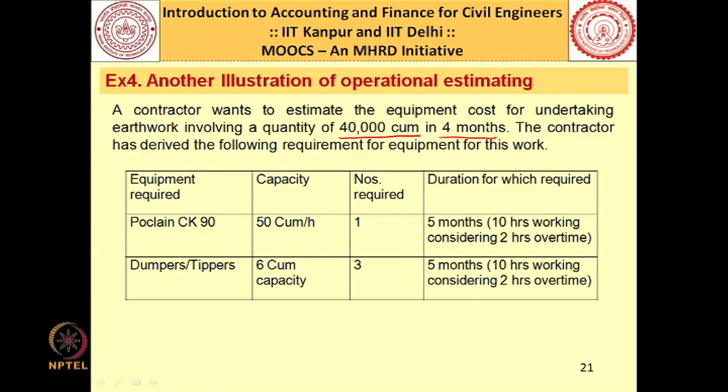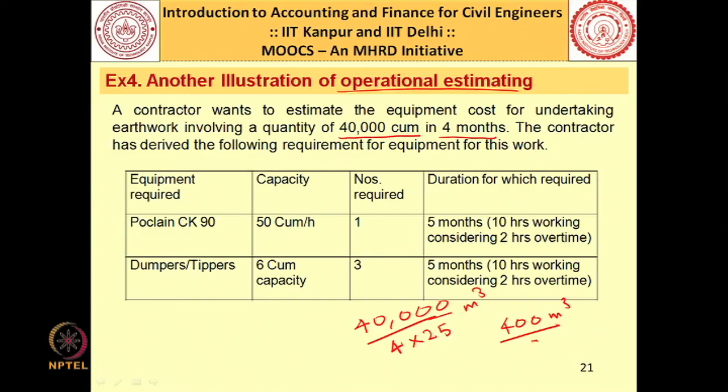So, here again I am going to use operational estimating method, because I am given the quantity, I am given the duration. So, how do I calculate this? So, 40,000 cubic meter to be done in 4 months time. So, divided by 4. Even if you assume, let us say 25 days in a month, working days, how many cubic meter on a daily basis we have to do? It would be roughly about 400 cubic meter.